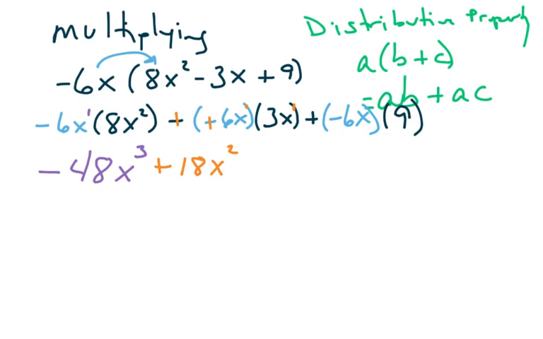And then in our third term, we have, once again, a negative times a positive, so that's going to give me a negative. 6 times 9. Now remember, when you're multiplying by 9, the numbers always add up to 9. So this is a way for you to remember 6 times 9 is 54, because 5 plus 4 is 9, and not 56.